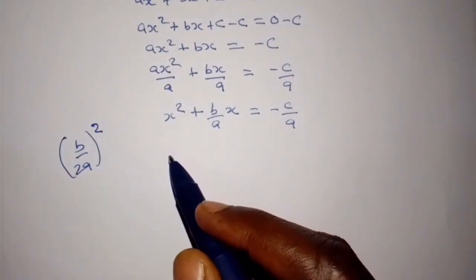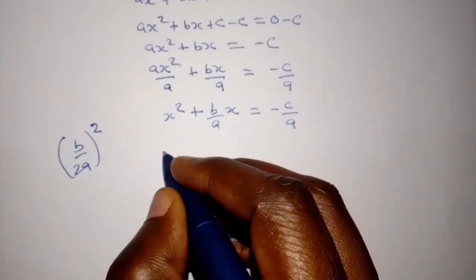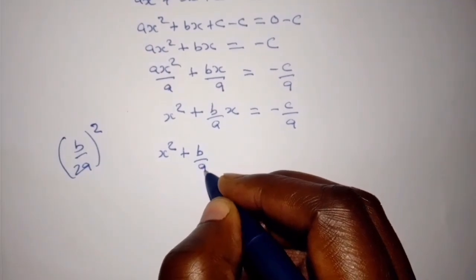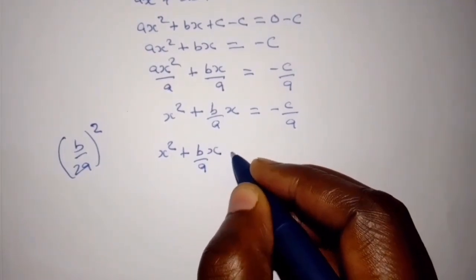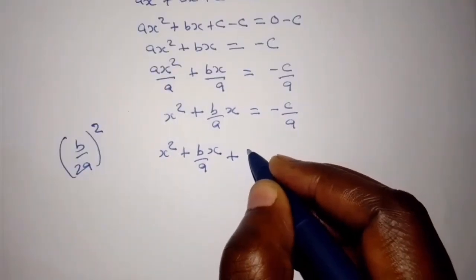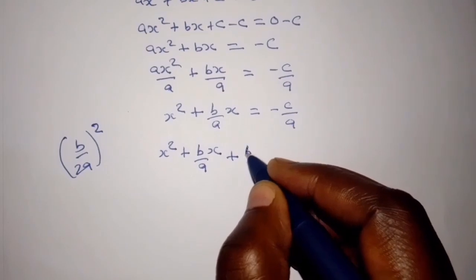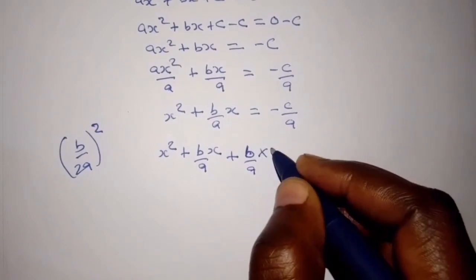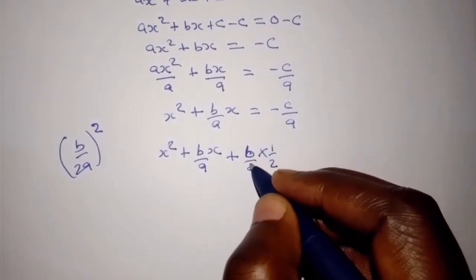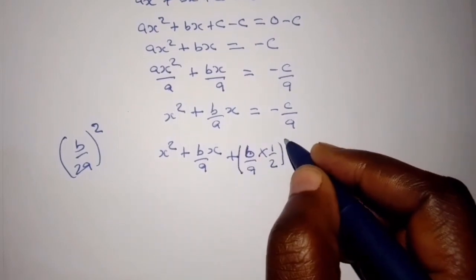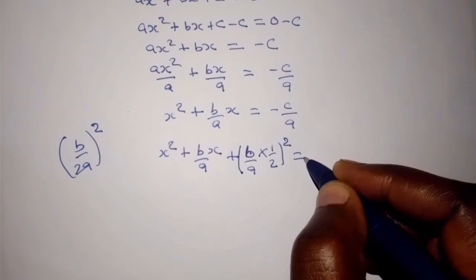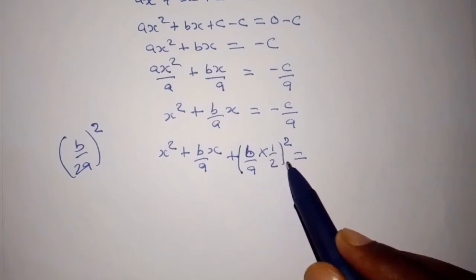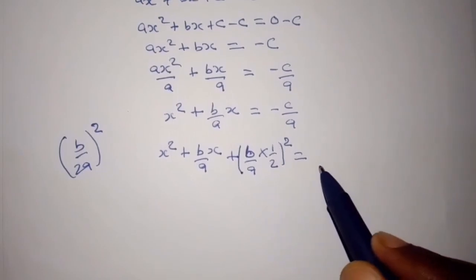So we can say that x squared plus b over a x plus b over a times 1 over 2, we divide by 2, 1 over 2 squared is equal to, so when we add b over a times half squared to this side, we also add it to the other side.